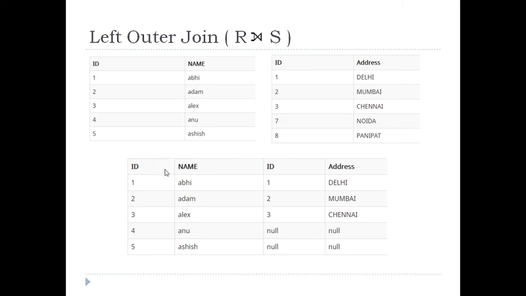Okay, so it will take all the tuples from the first relation or the left hand side relation, and the matching tuples from right hand side relation, and for the non-matching tuples it will place null values. So this is the left outer join.